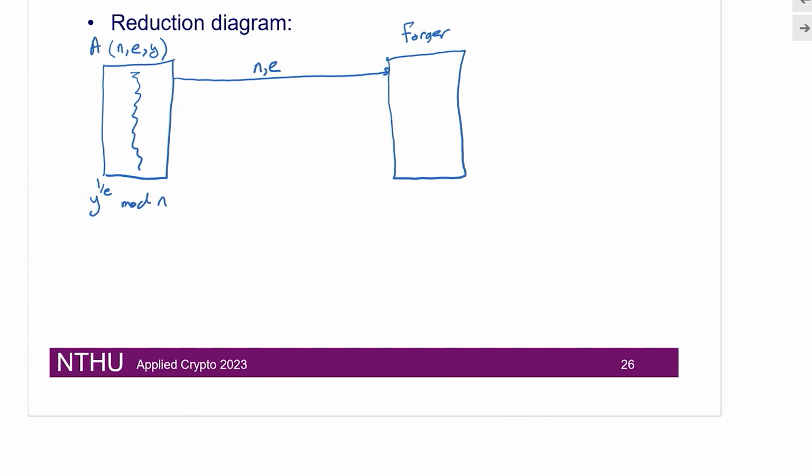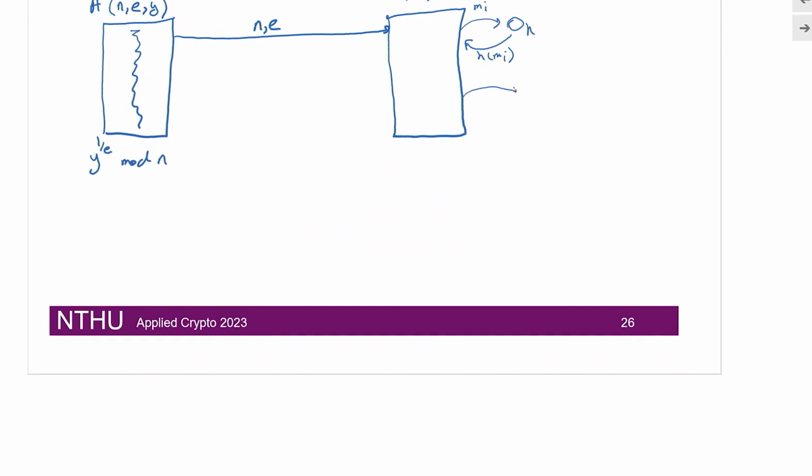The forger receives this N and E, and then we allow the forger to play with our hash oracle, sending some M_i to it, and the oracle returns the hash of M_i. And he would also be able to play with the signature oracle, and with that we provide him some signature of M_j, right?